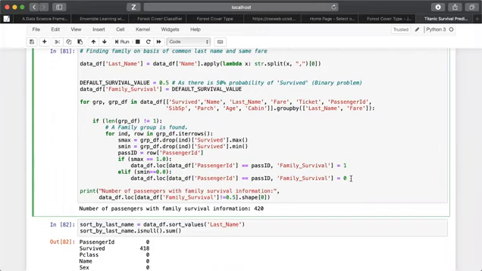Thereafter, I have got the insight that if this person is traveling in a family, then his survival rate will increase, because we have seen that from the data. So family survival we have made 1 and we have made 0.